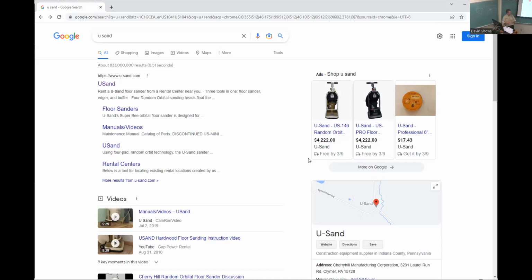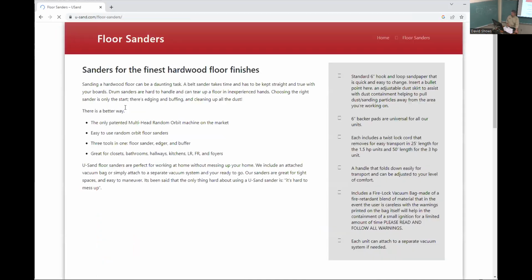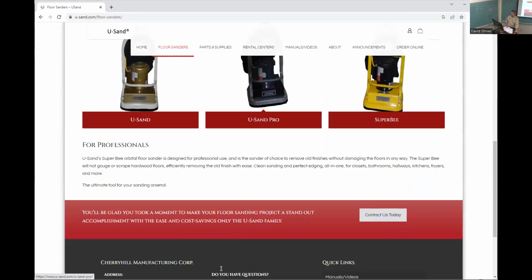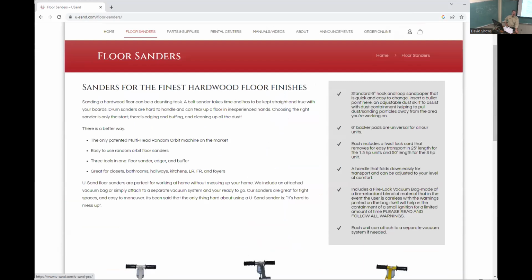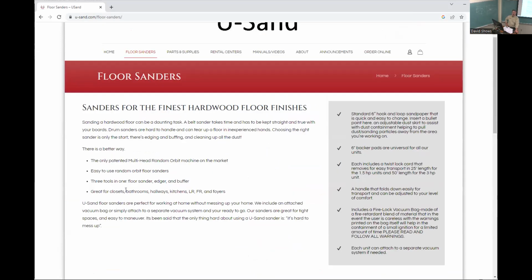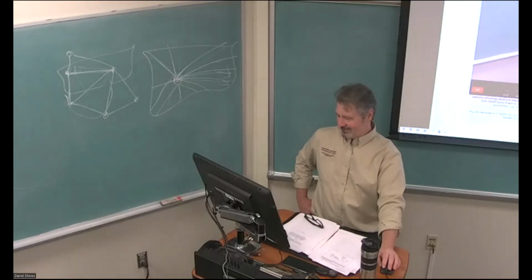The way the sander's footprint works is so unique and so specialized that they're number one, and the rest of the world is two.